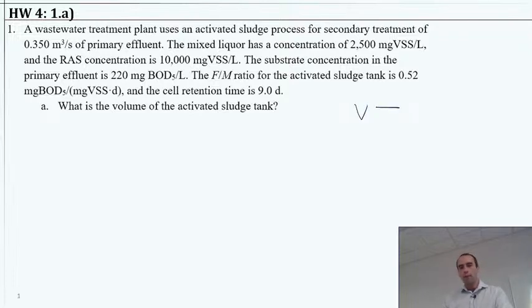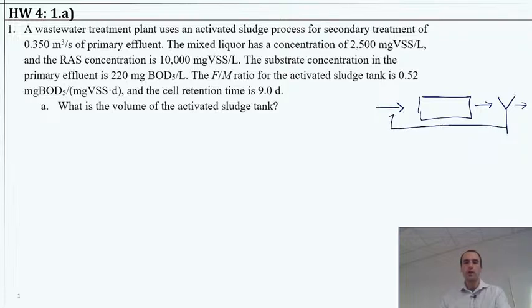So primary effluent is what's coming into our treatment, where we're going to have some activated sludge, then a secondary clarifier. And as the problem will show, I think we're going to be recycling. So our typical system will have a recycle line like that.